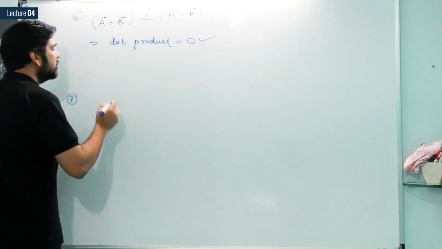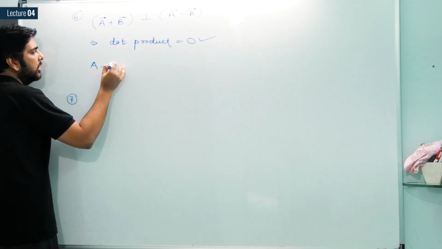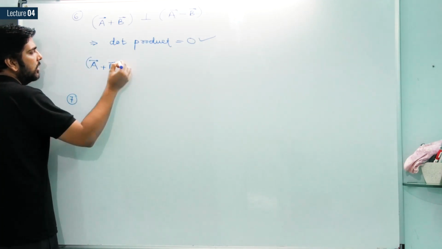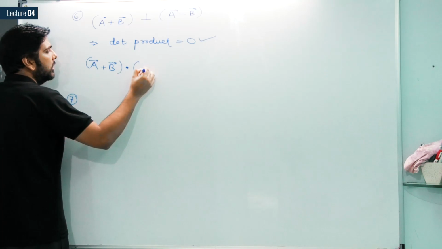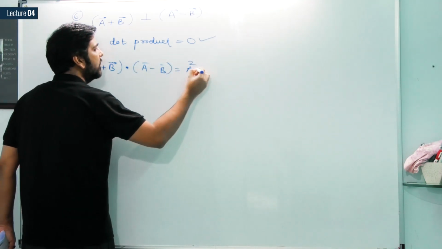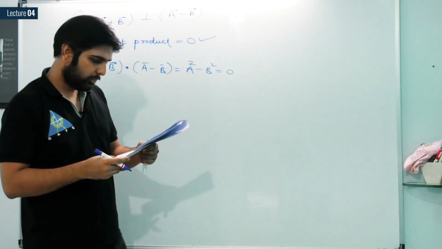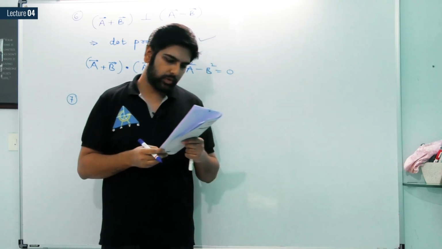That means A plus B dot A minus B is nothing but A square minus B square is equal to 0. So you can say A is equal to B.